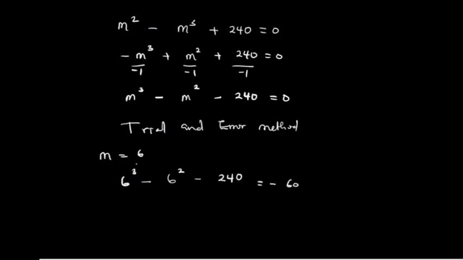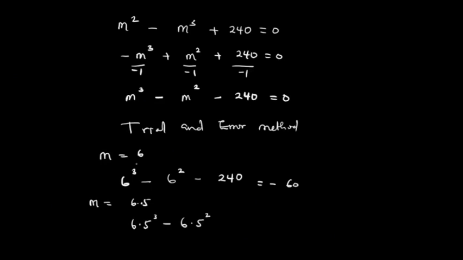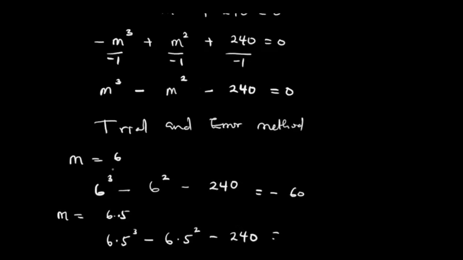That's wrong. I will check m is equal to 6.5. Then 6.5 cubed minus 6.5 squared minus 240 gives minus 7.625.